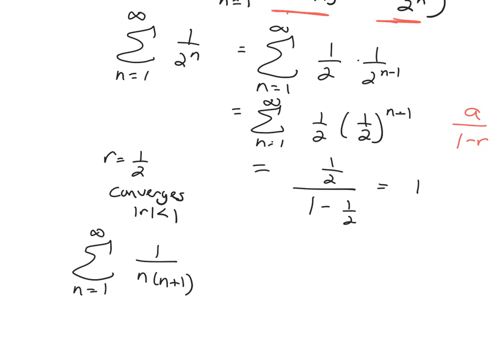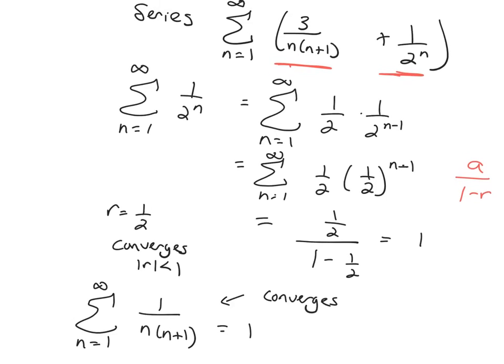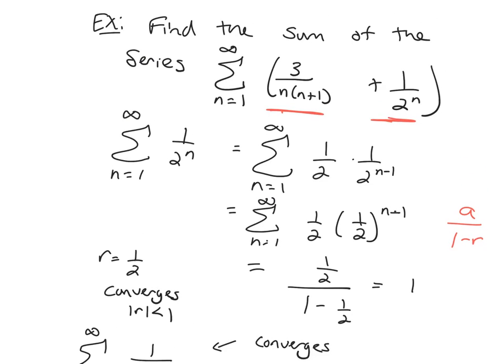Look back, did it converge or diverge? It was the one we used partial fractions on. It converges. We saw in the previous example that it converges and we found the sum to be 1.